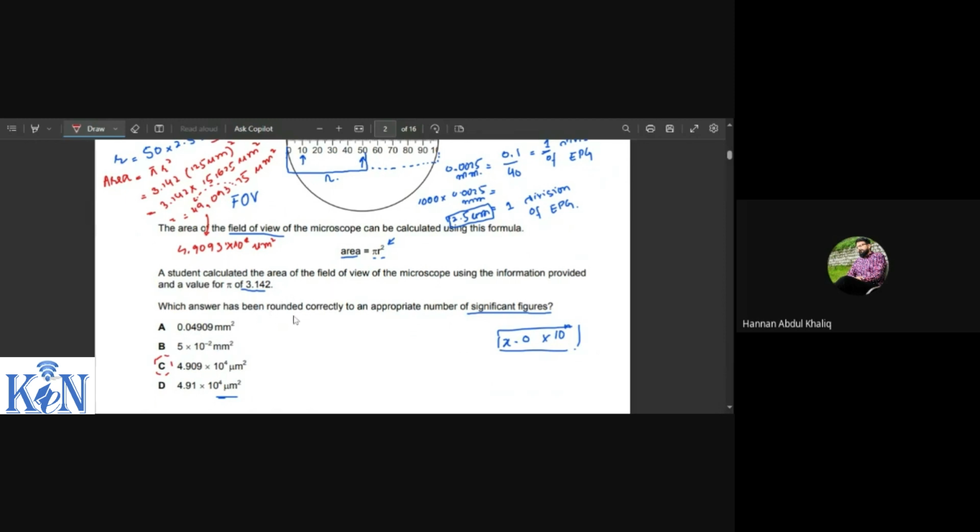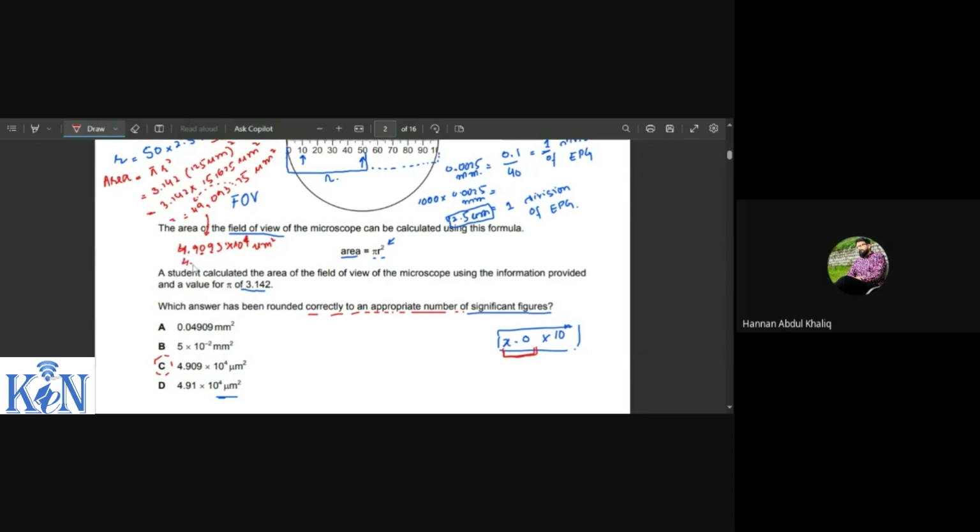They are saying it has been rounded correctly to an appropriate number of significant figures. The 4.9093 is not short enough. We need to shorten it to the significant figure, but the problem is we cannot make this 4 into 5. It would not be a significant figure. In the beginning I told you x point 0 must be there in the significant figure. So instead of converting this 4 into 5, we would just convert this 0 into 1.